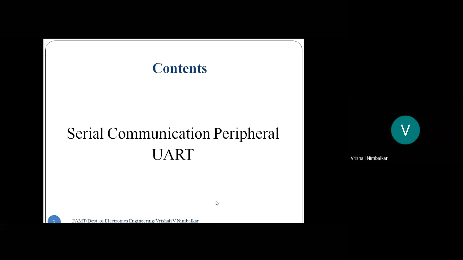But if there is a separate PCB and you are transmitting data to another separate PCB, from one hardware to another hardware, then serial communication is preferred. Again, less hardware, less cost. Is that okay? So that is why serial communication is important.